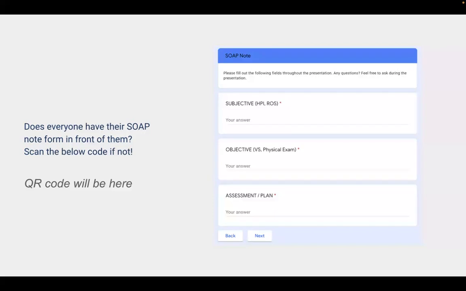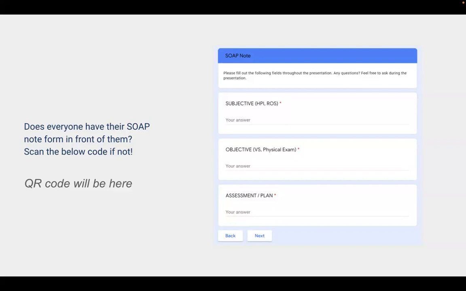surgical history. Now we get into the objective part of the exam, which is not things the patient is directly telling you. Rather, these are data points that we collect from the patient. Where in the subjective portion they might say, I have abdominal pain, in the objective portion would be the physical exam where I say, this patient has tenderness when I press on their abdomen. That would be an objective finding.